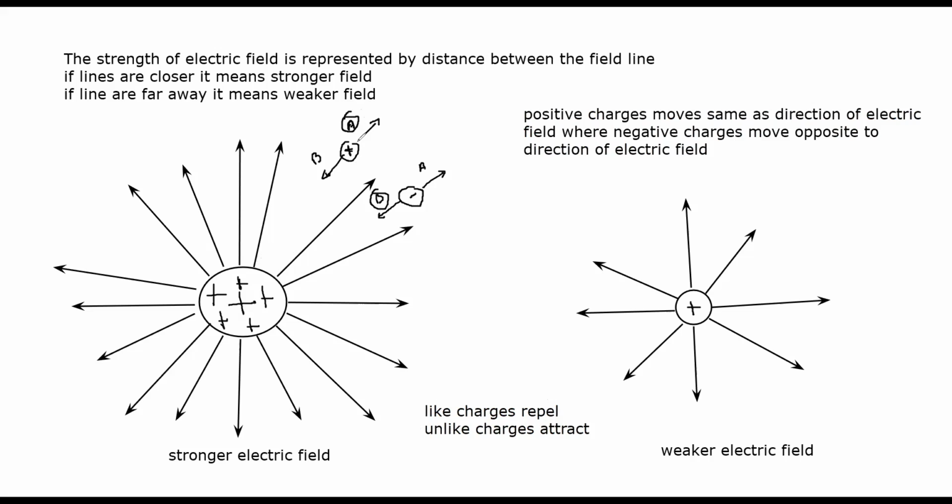Like charges repel, so this positive charge will move away from the other positive charge. Which direction is it moving? It is moving the same as the direction of electric field. But if I place a negative charge, unlike charges attract, so the negative charge will move towards the positive charge. Which direction is it moving?